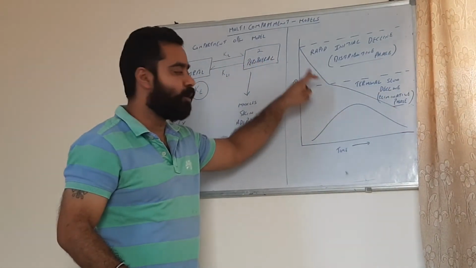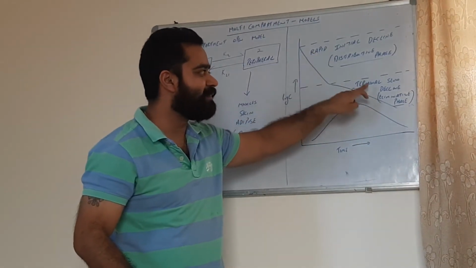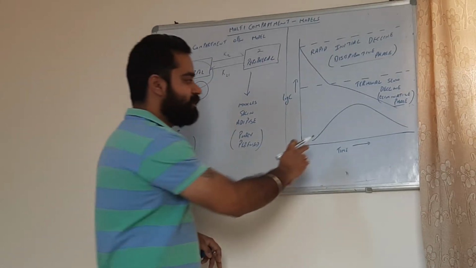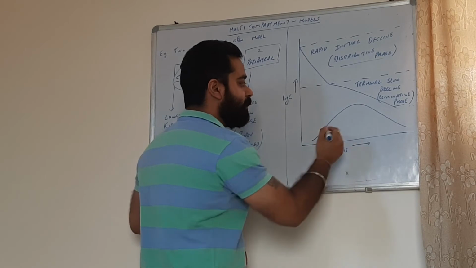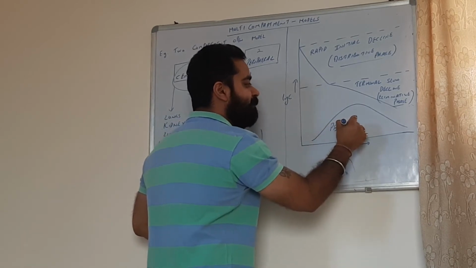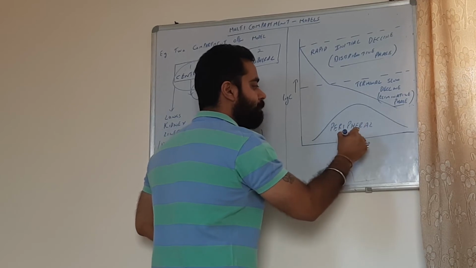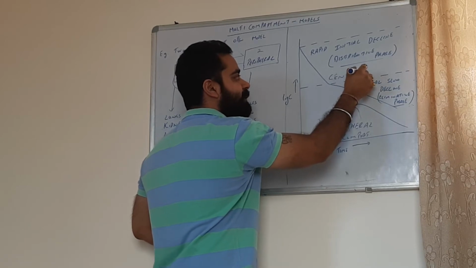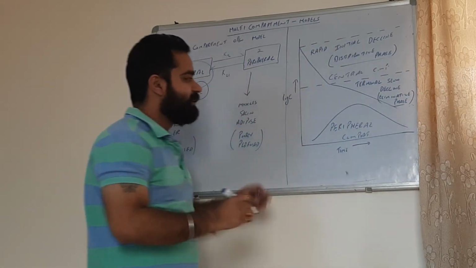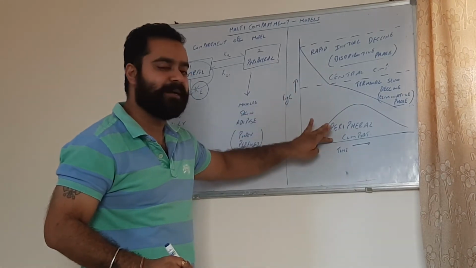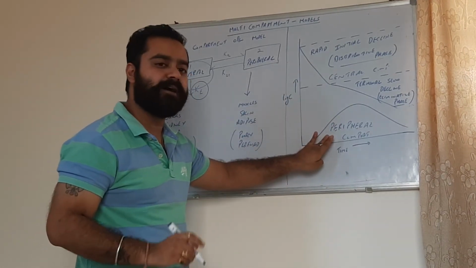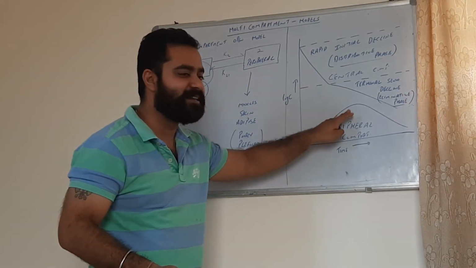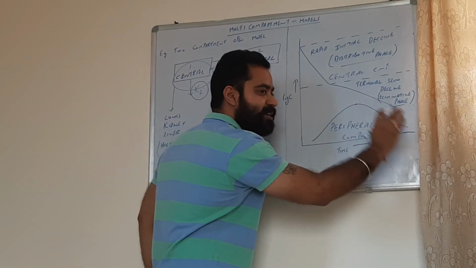This first line, the complete line with the rapid initial and terminal slow decline, represents the central compartment, while the typical bell-shaped graph shows the peripheral compartment. The difference is that in the peripheral compartment we see a bell-shaped curve where the concentration initially rises, reaches a maximum point, and then declines.